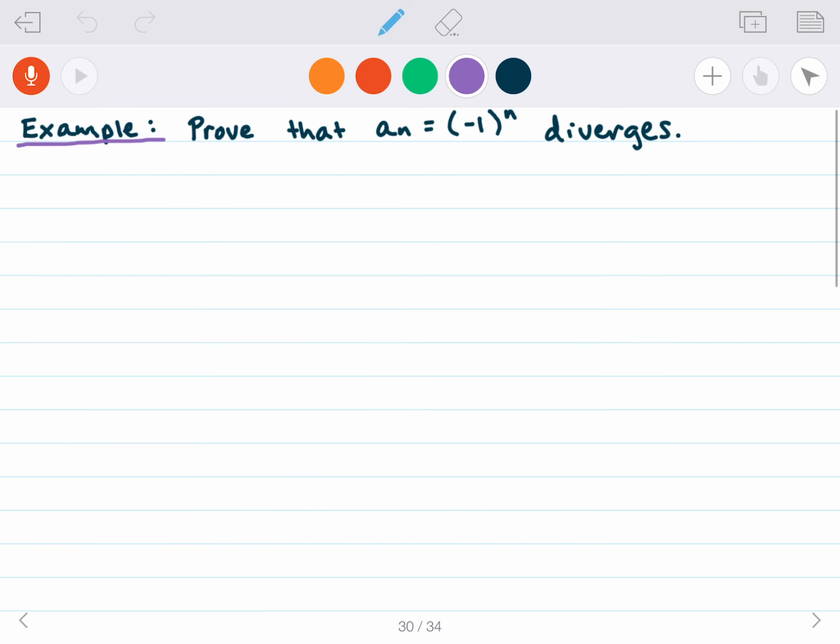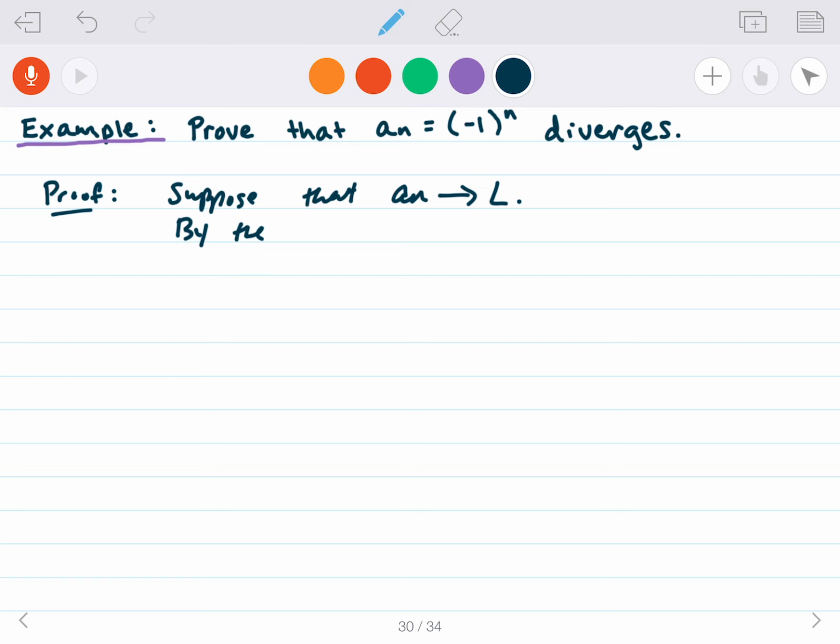Let's go ahead and prove that this guy diverges. We're going to do a proof by contradiction. We're going to suppose that a sub n converges to something. We're going to suppose that it converges and then show that this is absurd. So what does that mean?